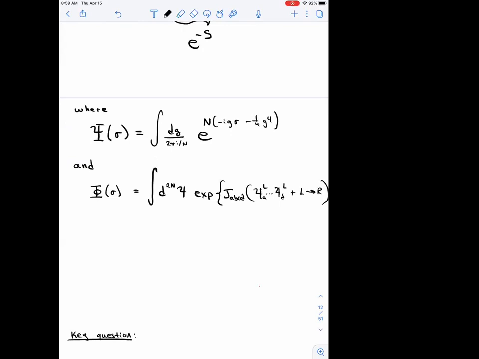Okay, it's that times psi a left, psi a right times sigma, and then we have minus n over 4.